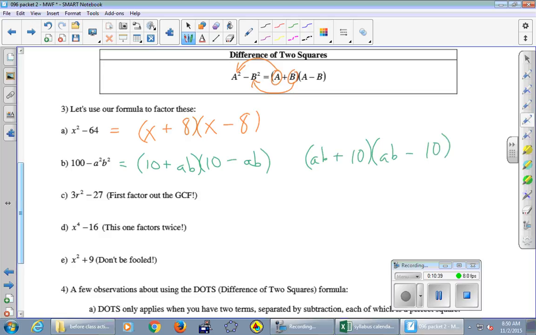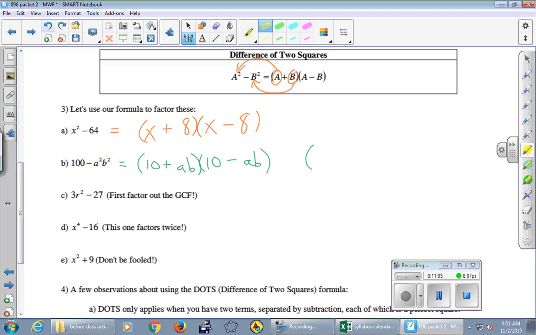This is not right. If you multiply this thing through, you'll get a squared b squared minus 100, which is not what we have. So don't read into this that the variable always has to go first. What has to go first is whatever went first in the original problem. In this problem, the 100 is the first thing, so 10 and 10 have to be the first things.